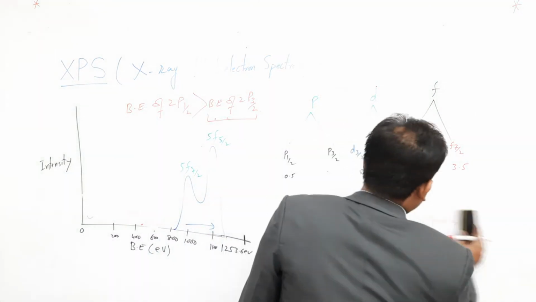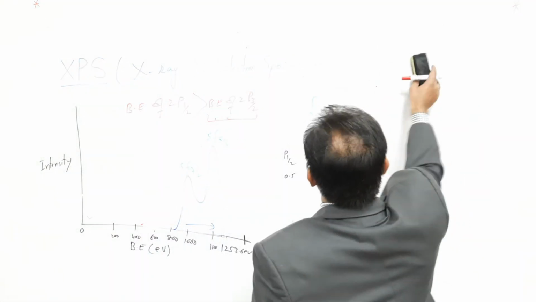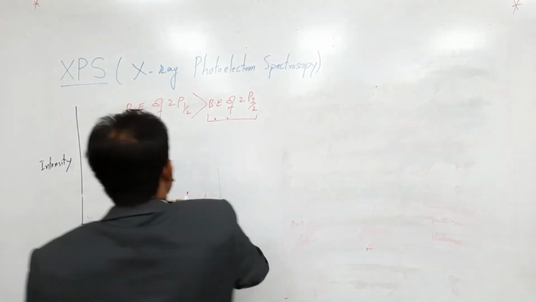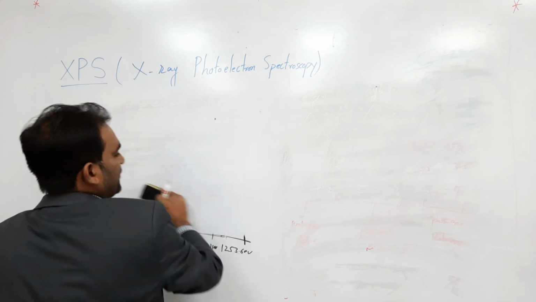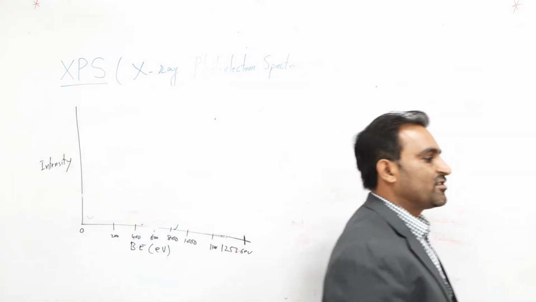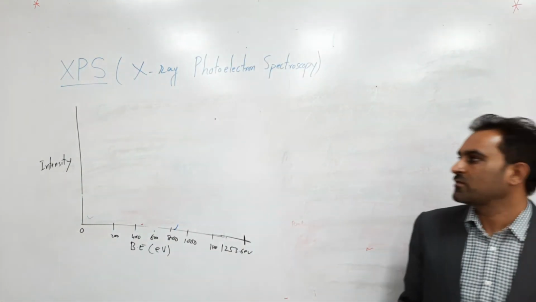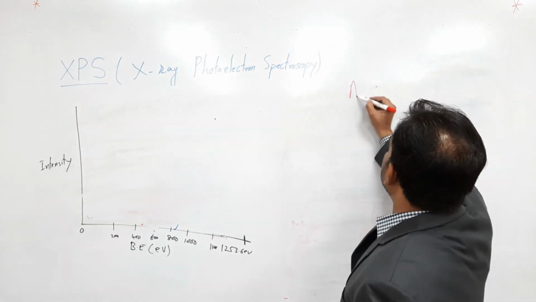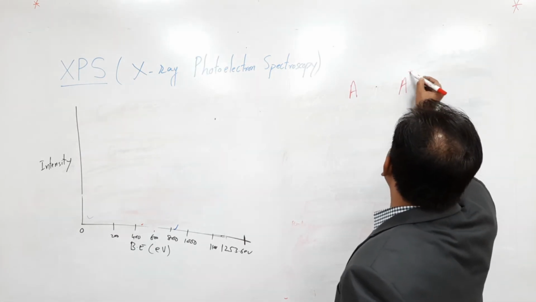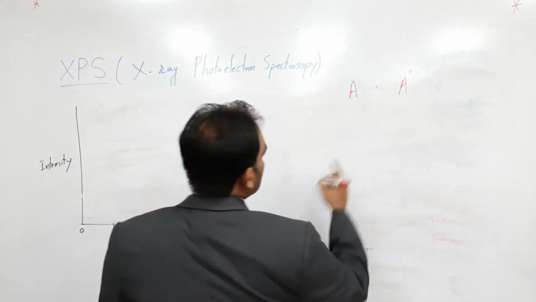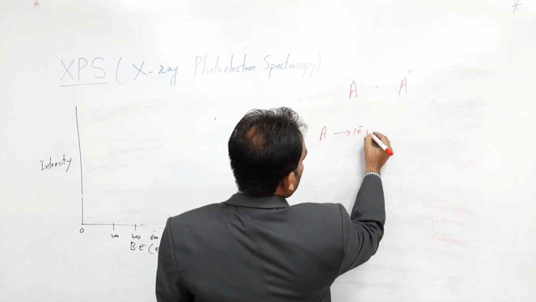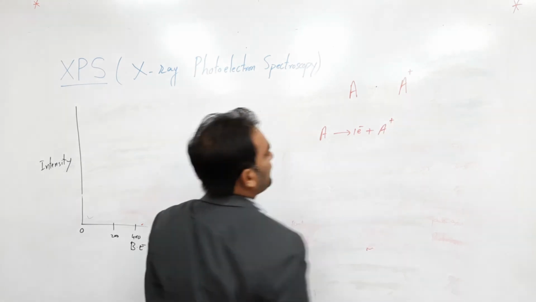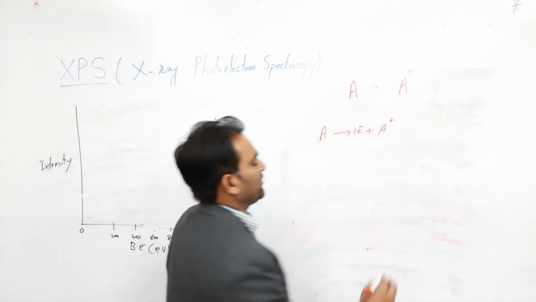One more thing. This technique will also help you to find the oxidation state. Suppose you have a material A and then you have material A plus. A plus means one electron is removed. This is called oxidation.